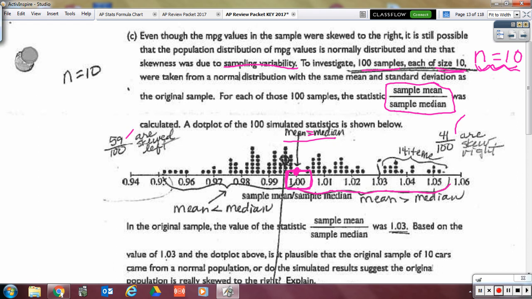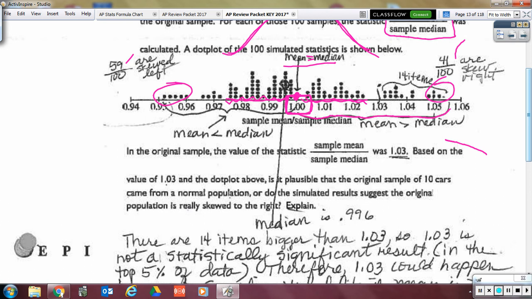So, question: just because you get some of these samples over here and over here, does that necessarily mean that the population is not normal? Because these could be happening because of sampling variability. We don't know. Basically, we want to know how unusual, how rare, these are. Are they rare enough over here on the outside edges that we call into question the shape of normal? And that's what the question asks next.